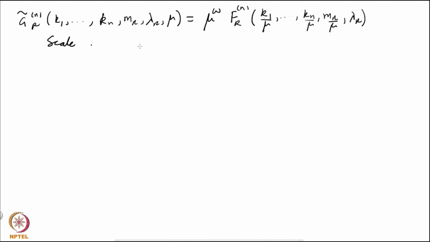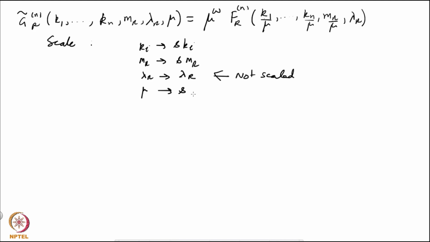Ki I will make S times Ki, where S is some number like 10, 100, 1000, 100,000, whatever. And MR also I will scale. Lambda R I will not scale because it is dimensionless. And mu of course I will scale. So I'm just scaling everything.